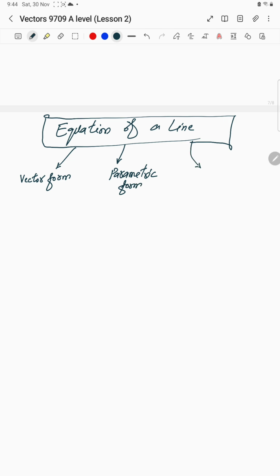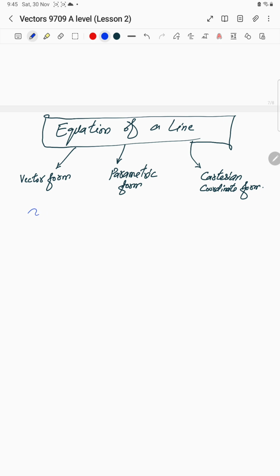And number three, Cartesian form, or coordinate form. These are three approaches to find the equation of a line in vectors. First we will discuss vector form, and then how to convert vector form into parametric form, and then parametric to Cartesian form.